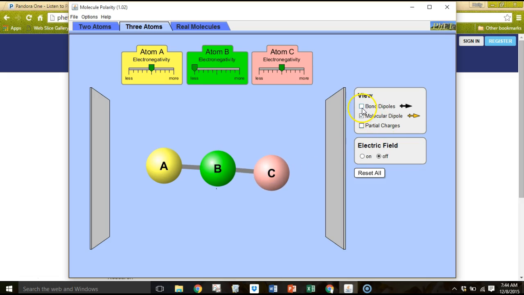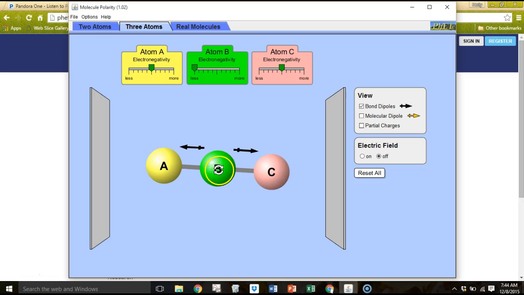So notice that we can look at individual bond dipoles. As you'd expect, if you look at the electronegativities up here, atom A and atom C have equal electronegativities, and they are greater than the atom B electronegativity. So we see that the electron density is being pulled towards atom C and towards atom A.